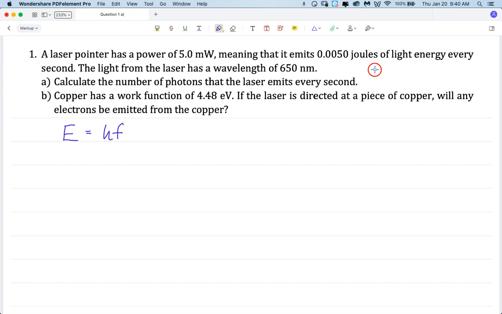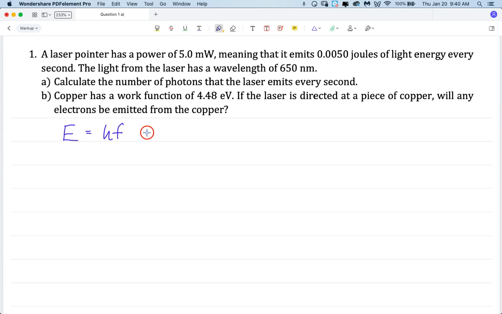Now, a photon has a very, very small amount of energy. If we're thinking of photons as little packets of energy, these are very small packets. Planck's constant h, you'll remember, is a very small number. I think it's 6.63 times 10 to the minus 34 joule seconds. That means these packets have a very small amount of energy in them.